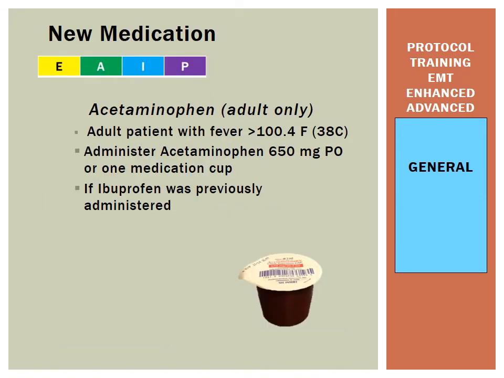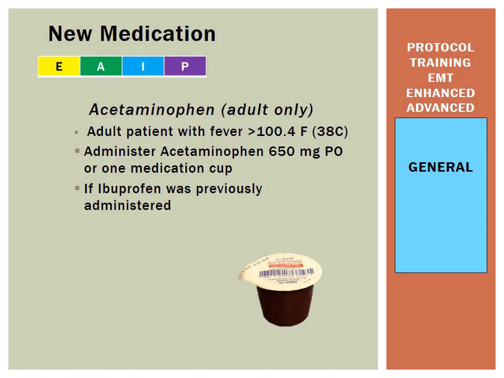Okay, so now that we've discussed acetaminophen, the indications, contraindications, and some side effects, we're going to talk about the dosing. Of course, for the adult patient, fever must be over 100.4 degrees Fahrenheit or 38 degrees Celsius. If that is the case, for our EMTs, you can administer this, again, to adults only at 650 milligrams PO or 1 medication cup, as long as the concentration remains the same.